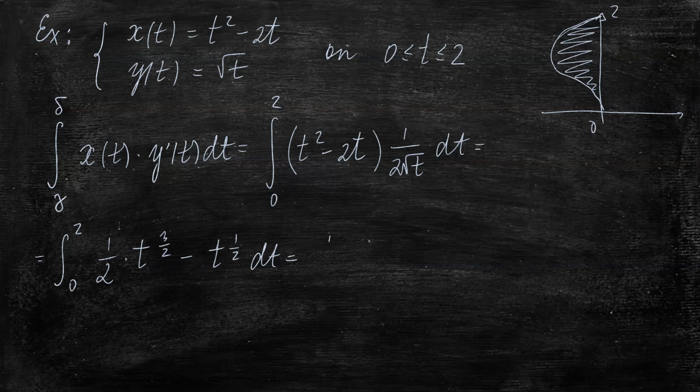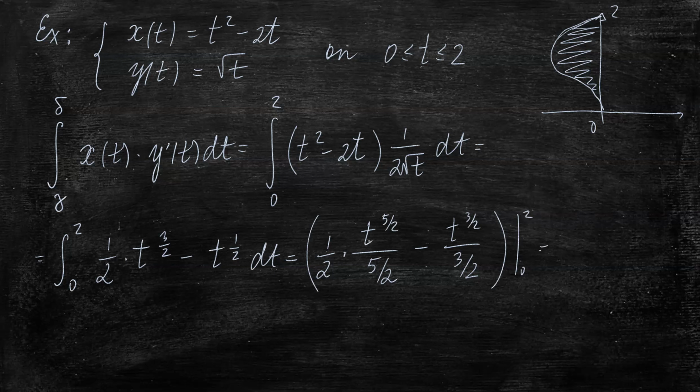So we have 1/2 t to the power 5/2 over 5/2 minus t to the power 3/2 over 3/2, and all of this we evaluate between 0 and 2.